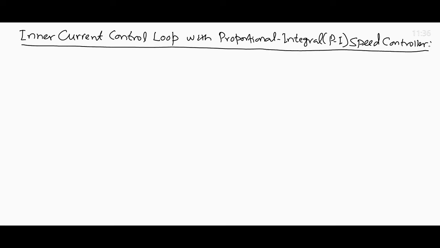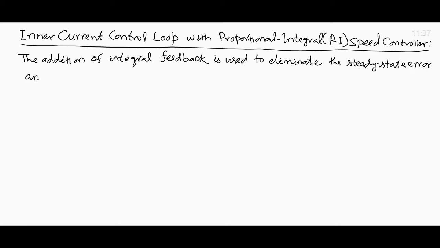Next we will discuss inner current control loop with proportional integral speed controller, PI speed controller. Previously we discussed only proportional speed controller, now it is PI speed controller. The addition of integral feedback is used to eliminate the steady state error and to reduce the forward gain.